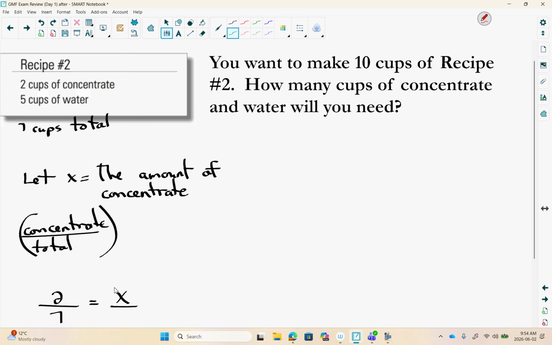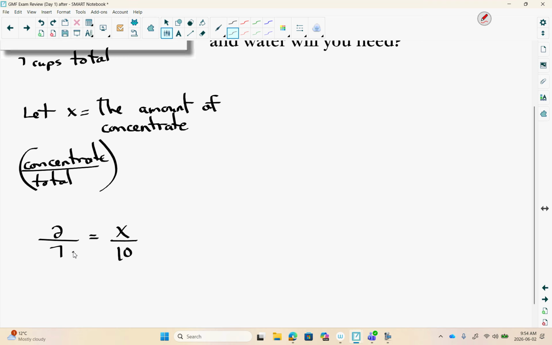I'm trying to make 10 cups. So think about this for a second. If you use 2 cups of concentrate to make 7 total cups of recipe number 2, this number here should be more or less than 2. Should be more.